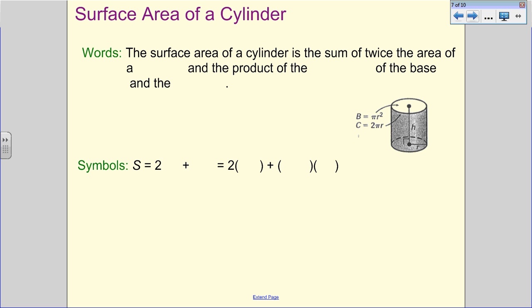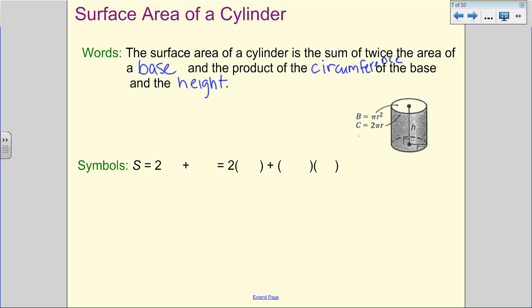So the surface area of a cylinder is the sum of twice the area of a base, which is your circle, and the product of the circumference, because circumference is just the perimeter of a circle, of the base, and the height.